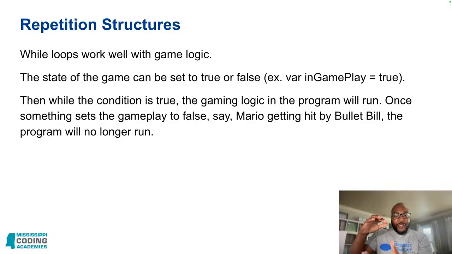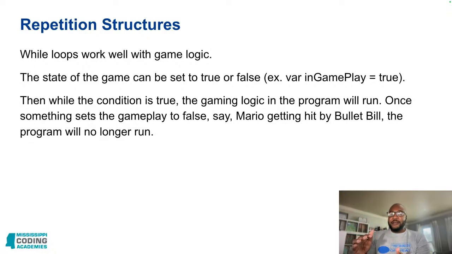But inside of that loop, I have to say, okay, well, has Mario gotten hit by Bullet Bill? That's false. He hasn't got hit. Is he next to a Goomba? No. Is Mario underneath a Koopa Troopa?